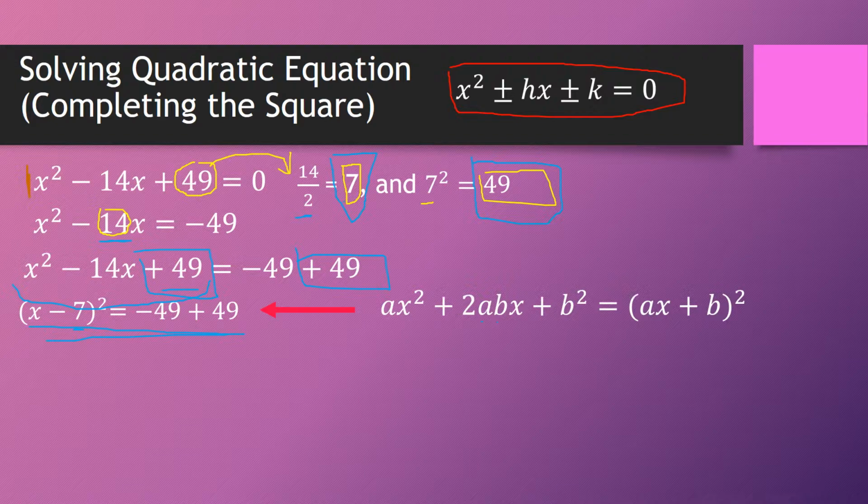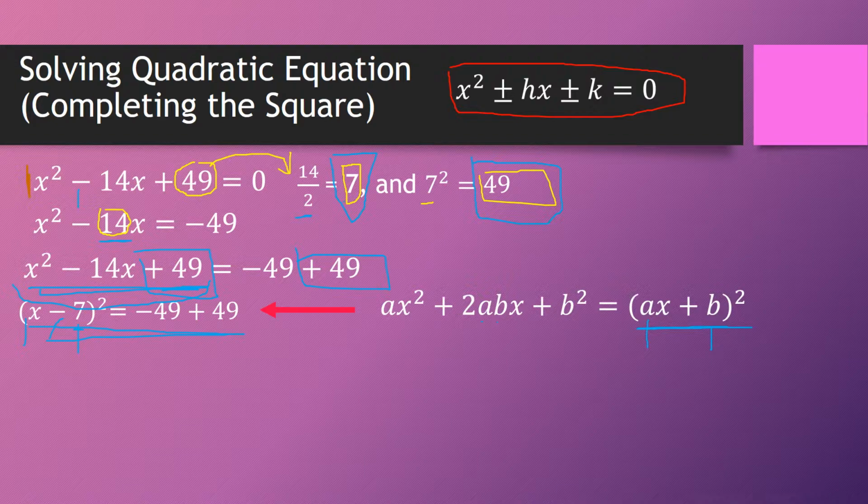And B squared, 7 squared, is 49. Then this is a perfect square, and the perfect square can be represented by this. Now the value of A is 1, the value of B is 7, and you get here the value 1, and the value here is 7, and you use the negative sign, because negative is in the expression.